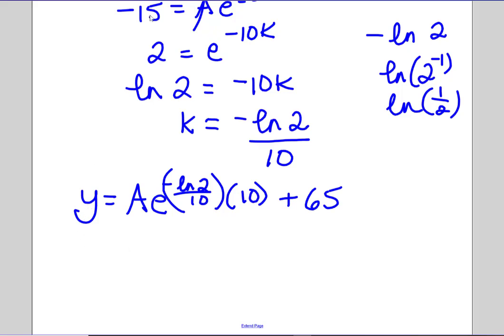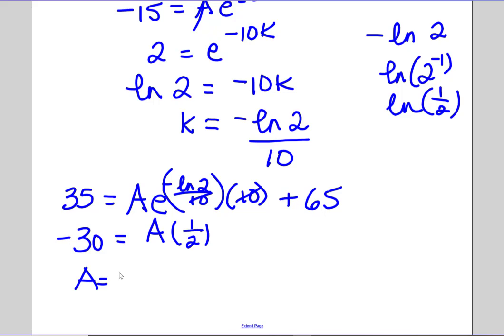So y was 35 at 10 minutes. And 35 minus 65 is negative 30. And this 10 gets rid of this 10, and we have a to the 1/2. So a is negative 60.